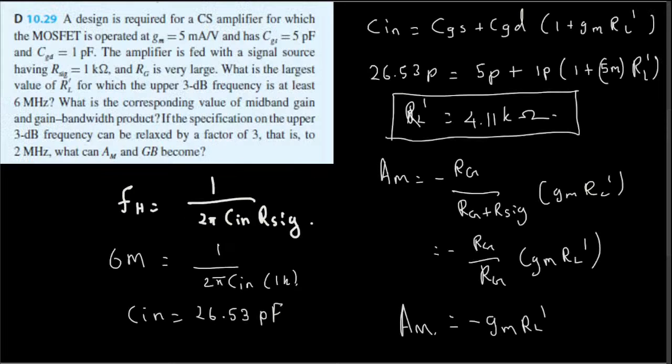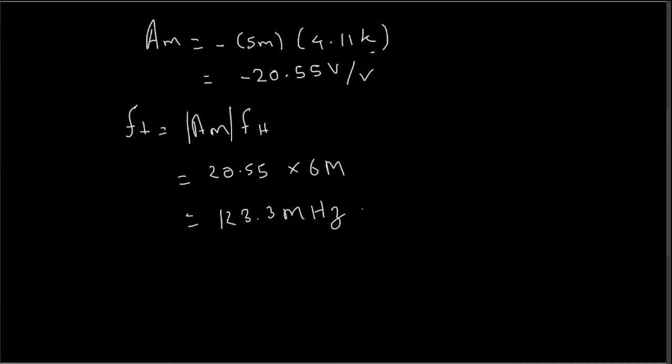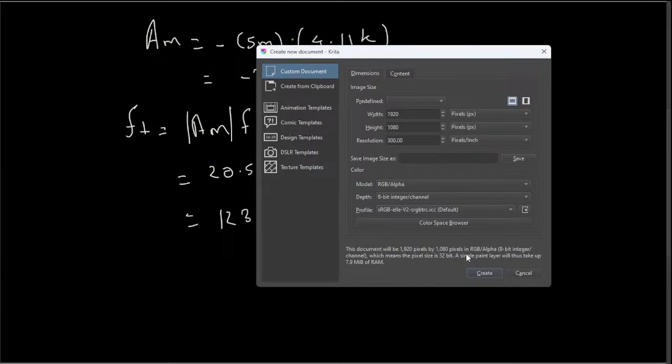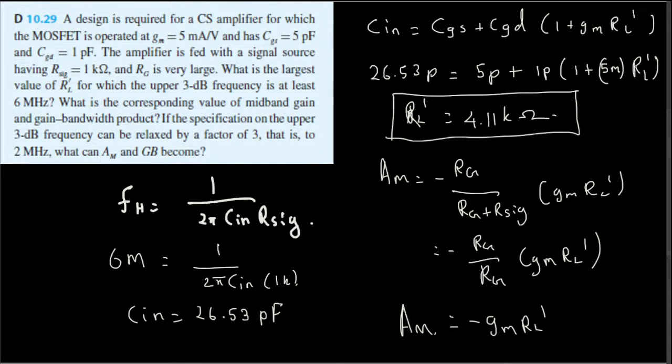Now the next part is asking if the specification on the upper 3 decibel frequency can be relaxed by a factor of 3, that is to 2 megahertz, what can AM and GB become? So they are asking what's going to be the new midband gain and also the bandwidth. Again this equation is going to be the same.